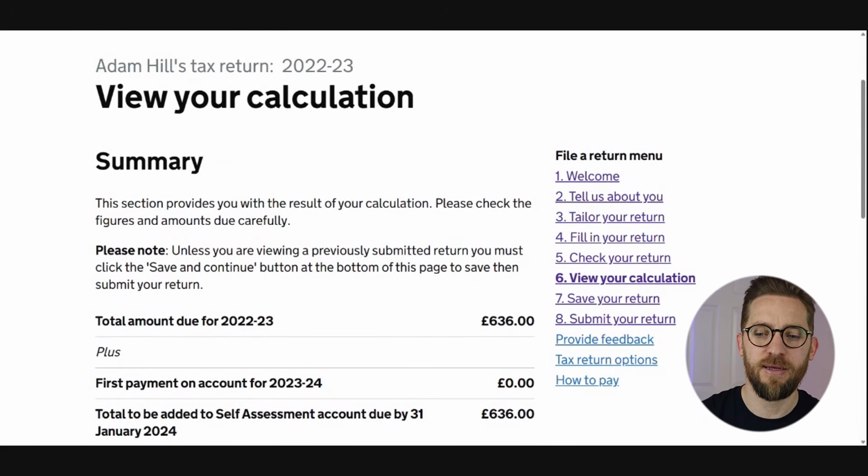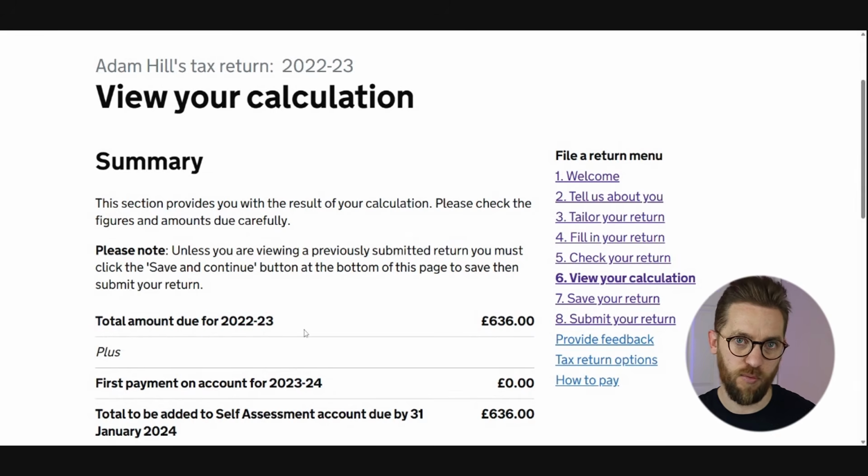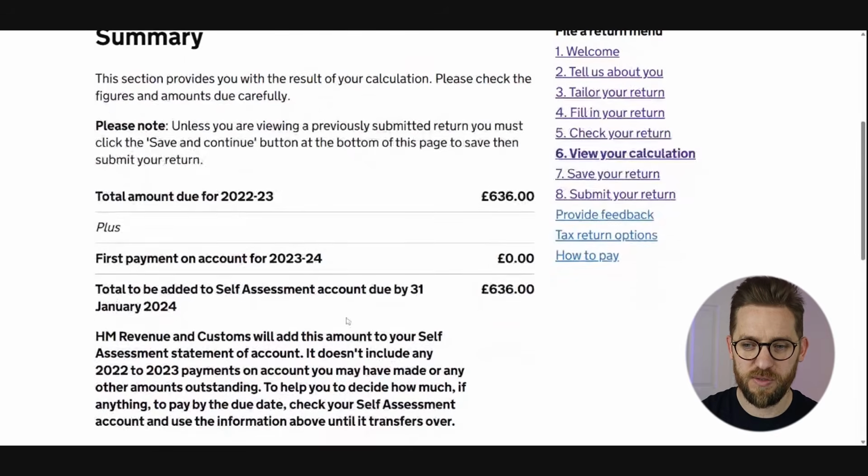Now, this is telling me the total amount due for the 22-23 tax year, the one that we were looking at, is £636. It's also telling me that I have 0 to make as a payment on account for the following tax year. Payments on account will normally apply if your tax liability is more than £1,000. So if this figure was, let's say, £2,000, HMRC would ask me to make payments on account as well.